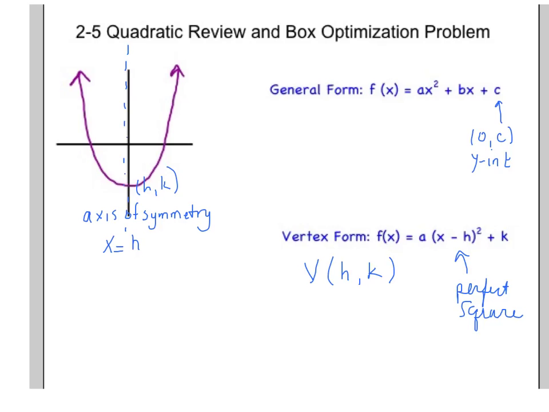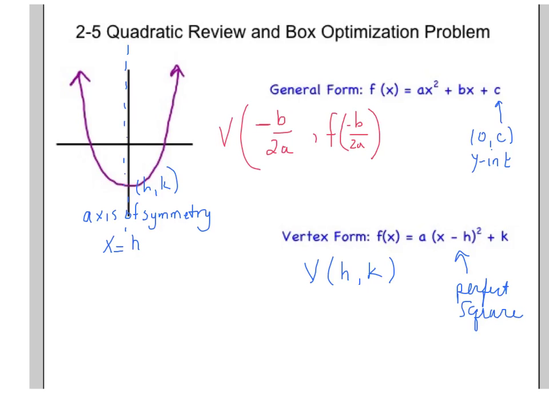To find the vertex in general form, you can actually use a formula, and it would be really helpful if you know this. It's going to be negative b over 2a. The x-coordinate of a vertex in general form can be found by taking negative b divided by 2a, and then you've got it. Once you have that coordinate, you can plug it back into the function and find the y-coordinate.